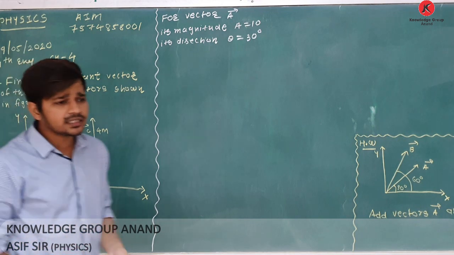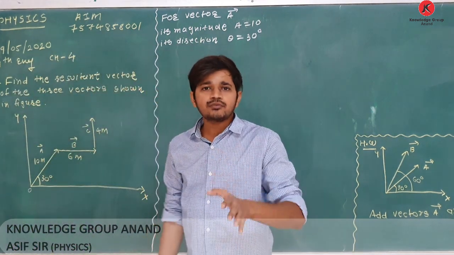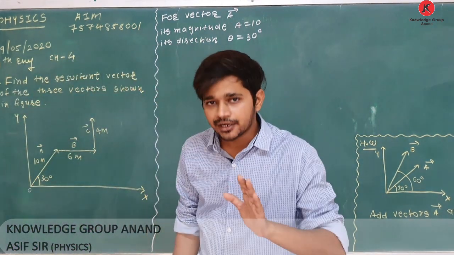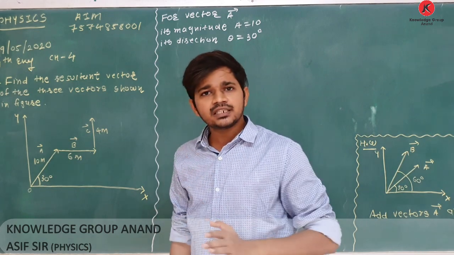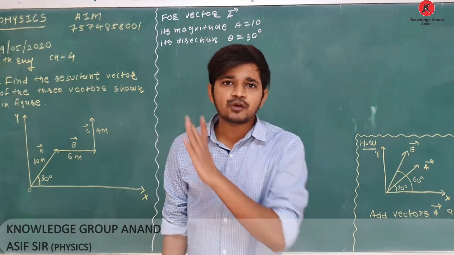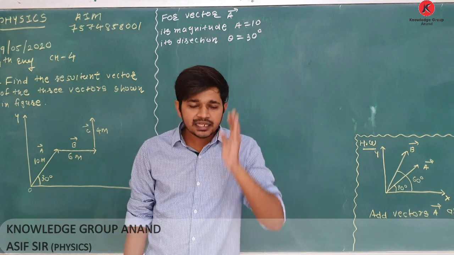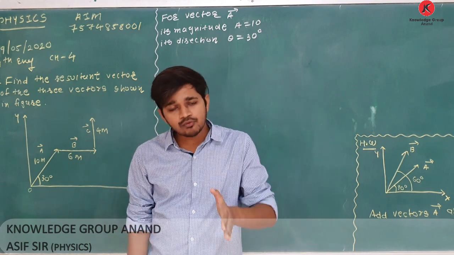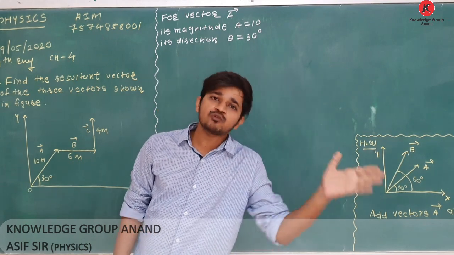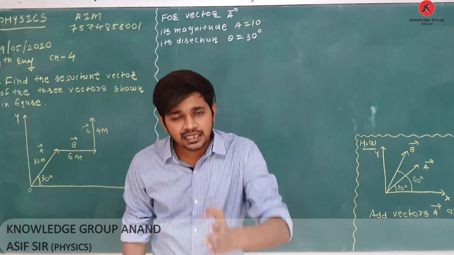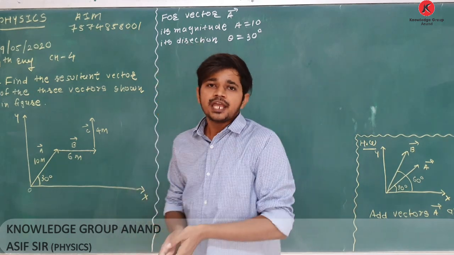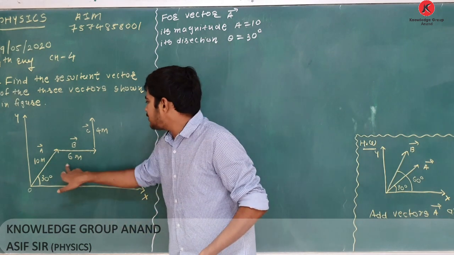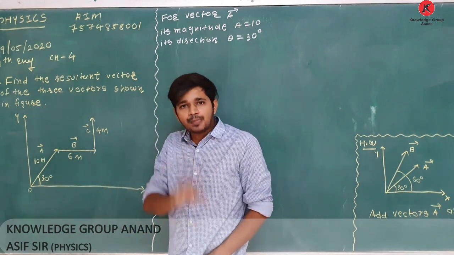Now, what is the analytical method? In the analytical method, we have to find the resultant vector R. The resultant vector is R is equal to Rx i plus Ry j, where Rx is the x component of the resultant vector and is equal to the sum of the x components of the given vectors. Here you are given three vectors A, B and C. So what is the method?